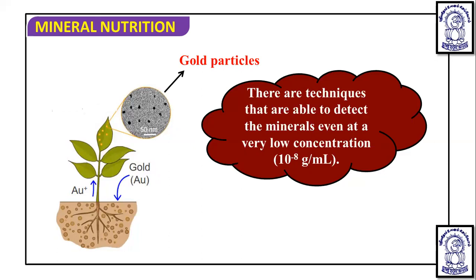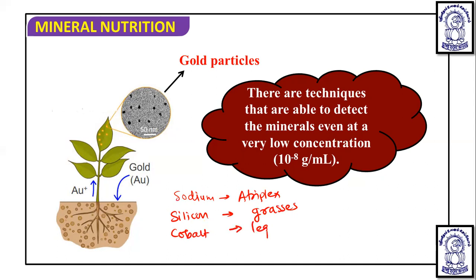Apart from this, you will see other elements like sodium, which is found in the Atriplex plant. Silicon is found in the grasses, cobalt is found in the legumes, and selenium in the astragalus that we have discussed.